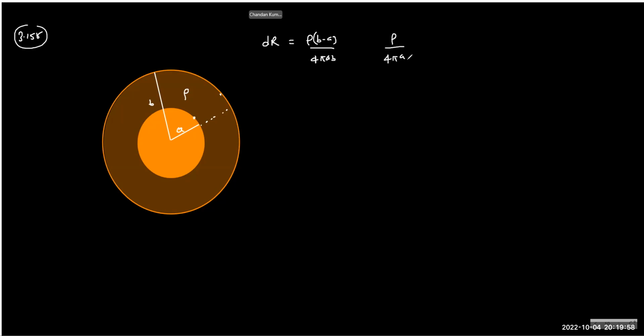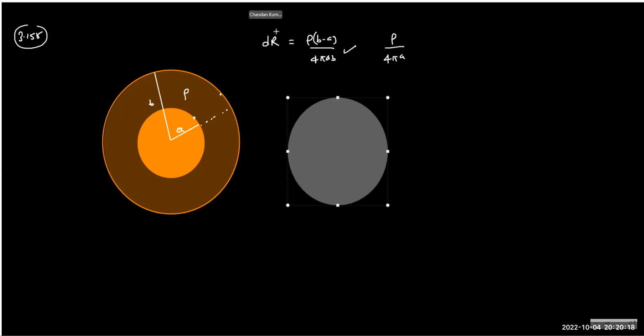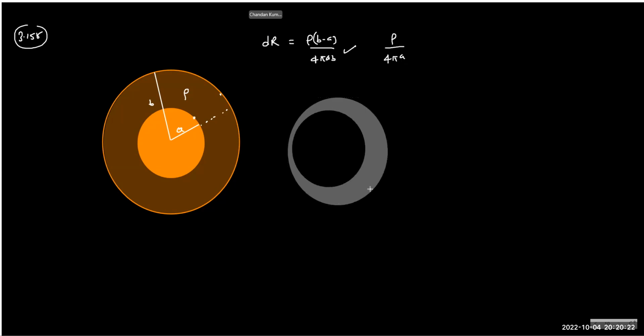Before that, initially, the answer should be the same: 1 by A minus 1 by B. Correct. Very good. So I think now you are getting the right answer. That is the second part, but that is good.